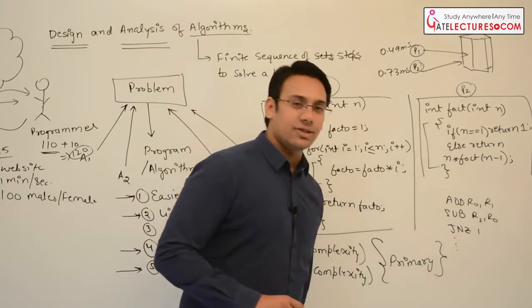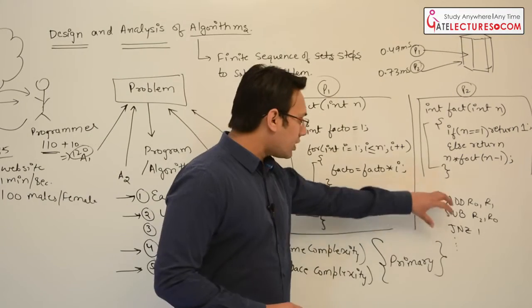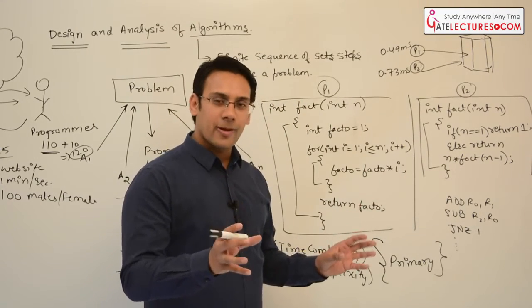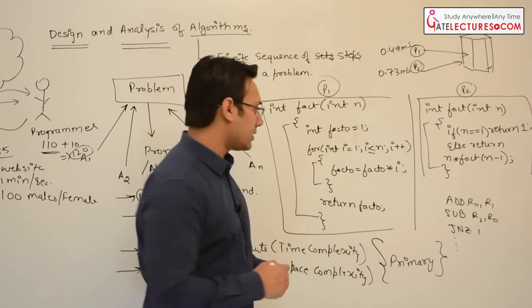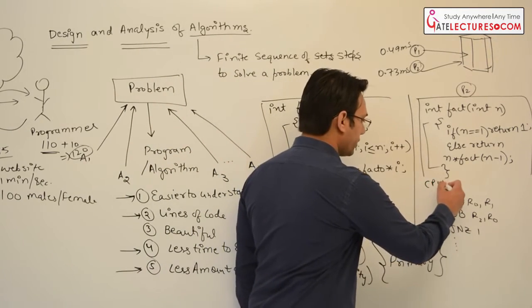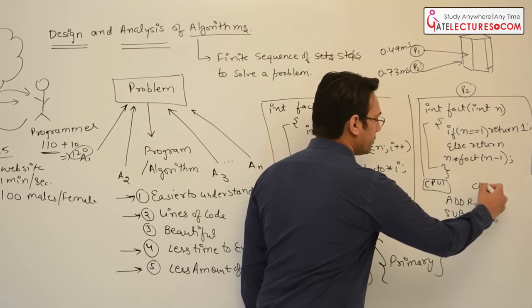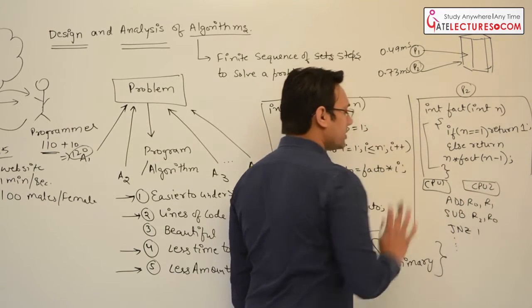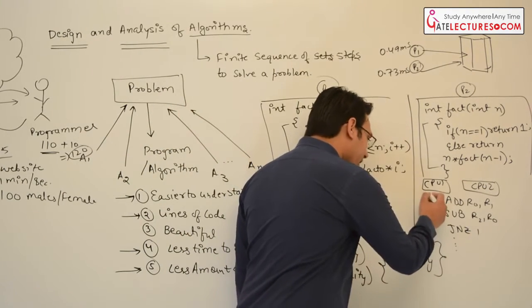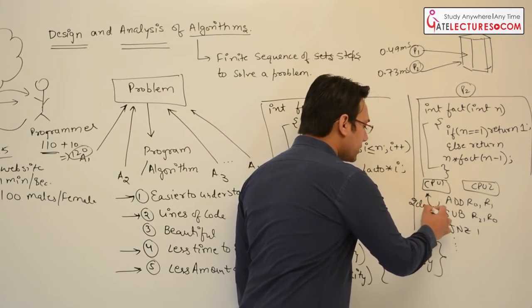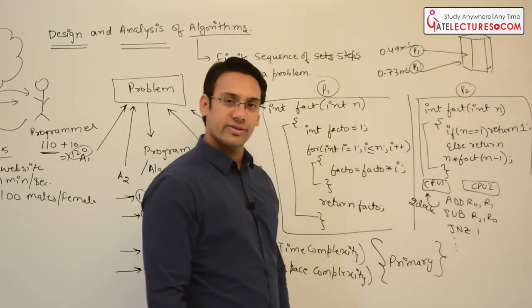Now if you have two different CPU processors with different architectures, let us suppose we have CPU 1 and CPU 2. These two machines have different architectures. This addition instruction may take 2 clock cycles on this CPU to execute.